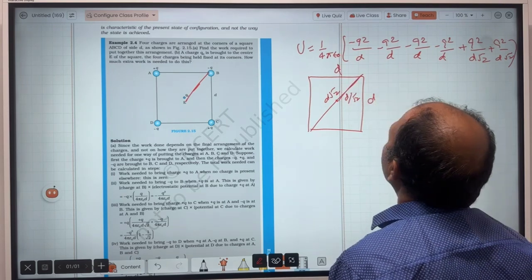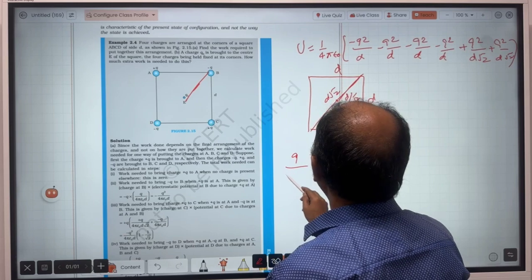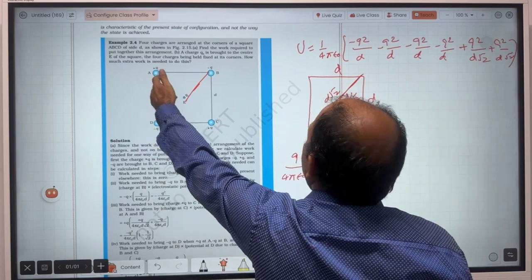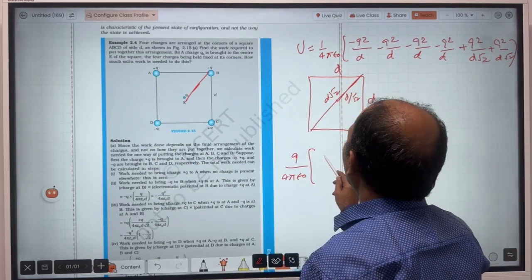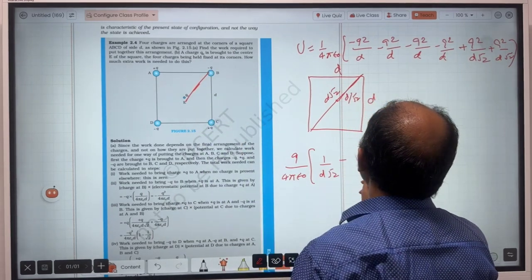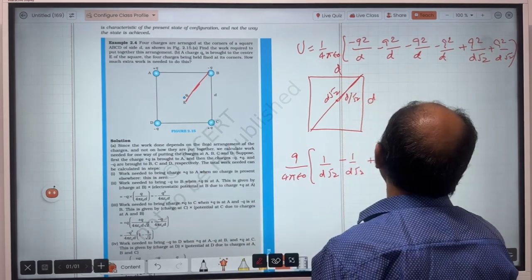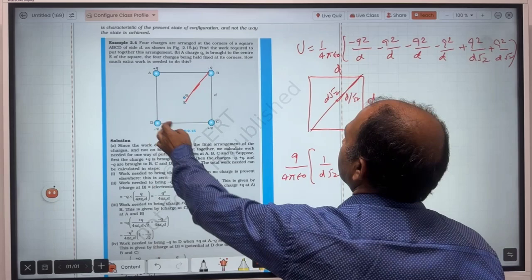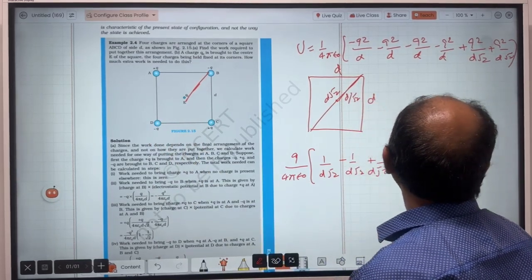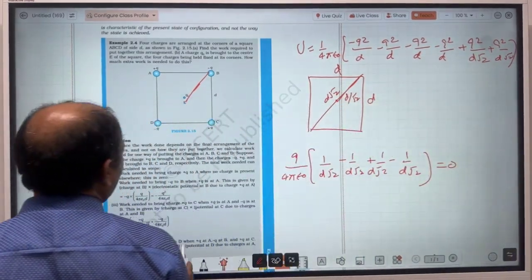So the potential will be Q divided by 4 pi epsilon naught, which we take outside, and then the potential due to this charge will be 1 upon d root 2. Then if you take this charge, minus 1 upon d root 2. Then this charge, plus 1 upon d root 2. And this charge, minus 1 upon d root 2. So it will become 0. So there is no potential. Since there is no potential, if you bring any charge, no work will be done.